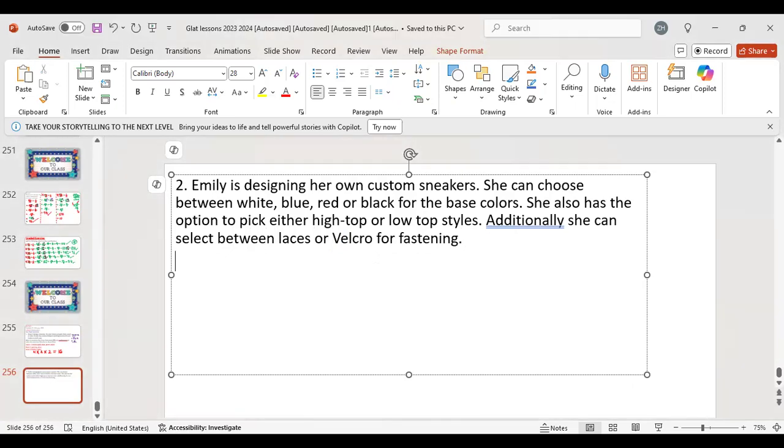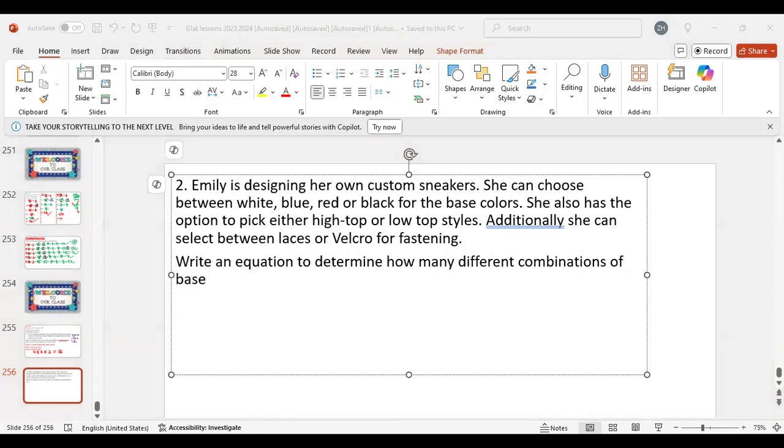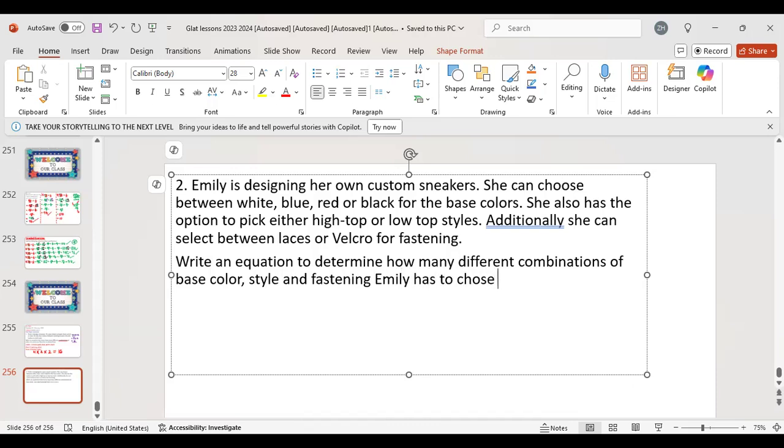Write an equation to determine how many different combinations of base color, style, and fastening Emily has to choose from.